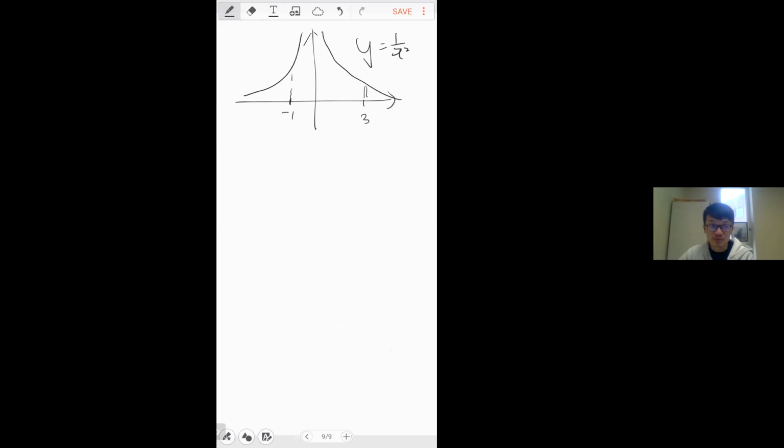Yep. So because everything is positive, so the graph is above x, your integral should be positive. Always positive. That means this guy should be positive.